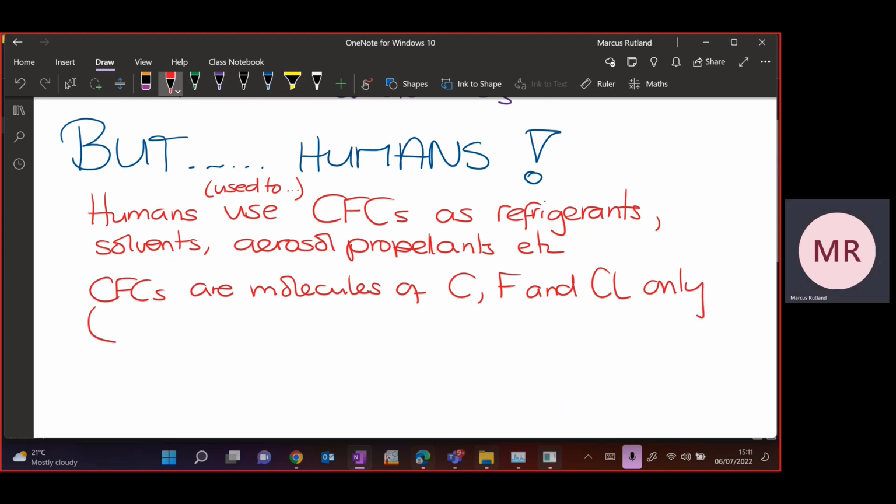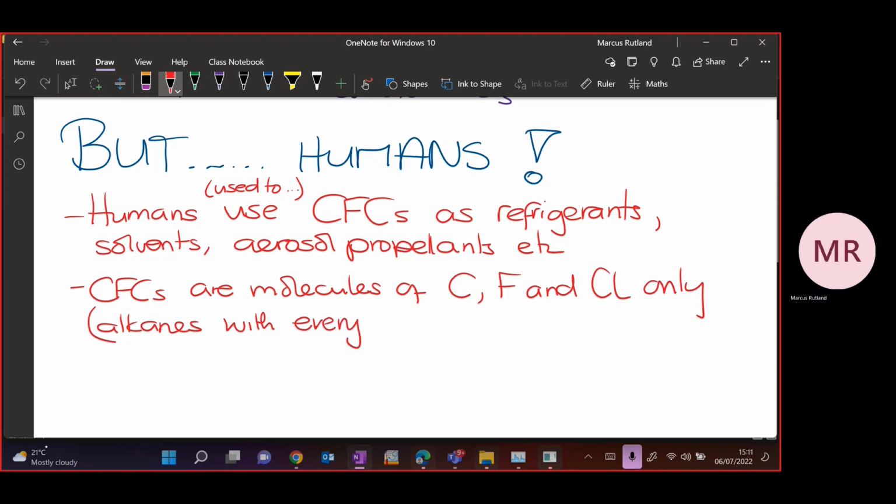So in other words, they are alkanes with every H replaced by F and Cl.